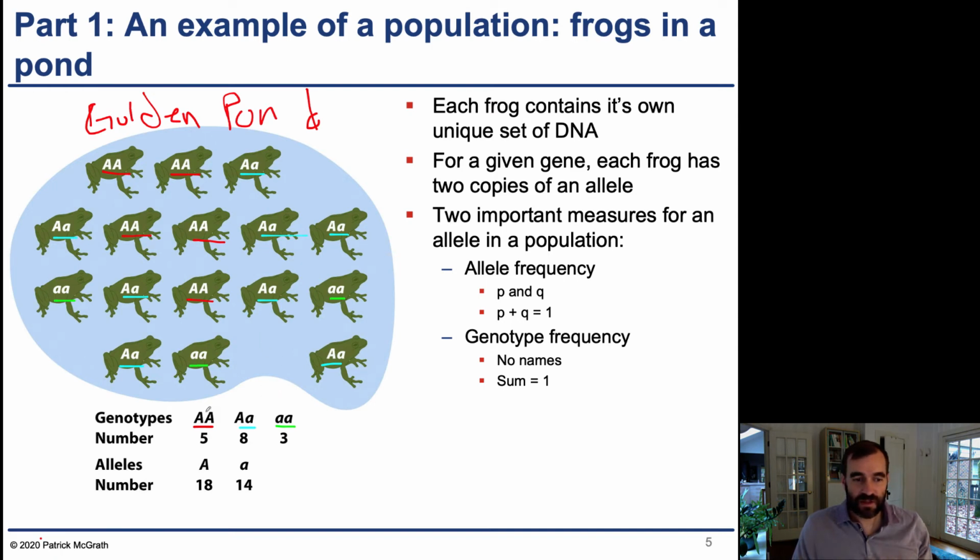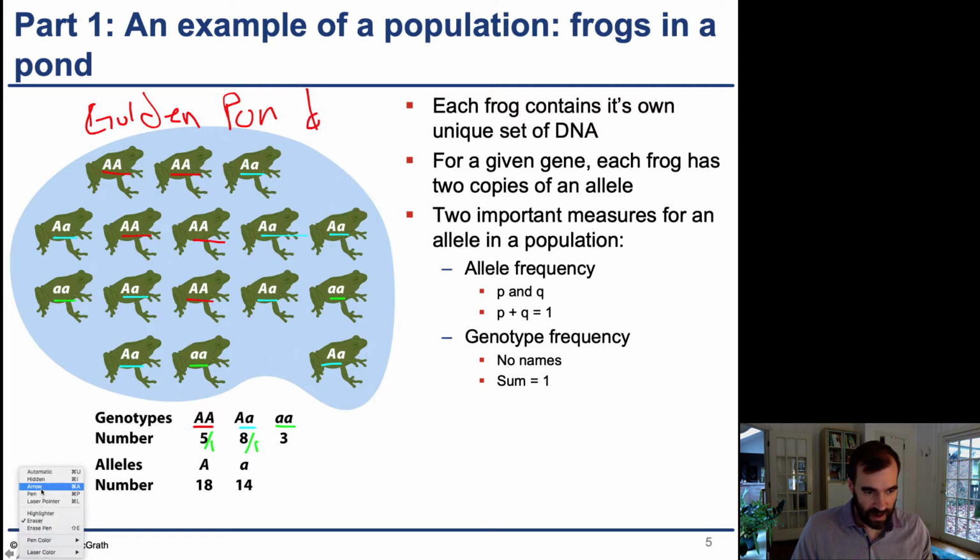So this is the genotype, and we can also calculate the genotype frequency. This is the percentage of animals, or the frequency of animals, that have the given genotype. In order to get that, we just divide these numbers by the total number of frogs. Sorry, there's 16 total frogs. Let me correct that.